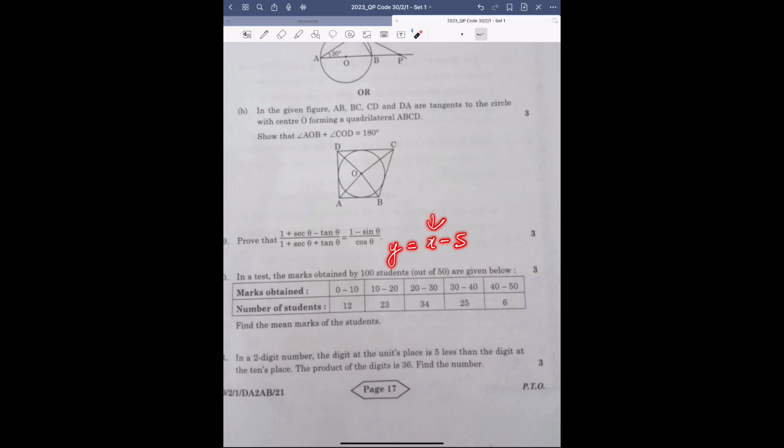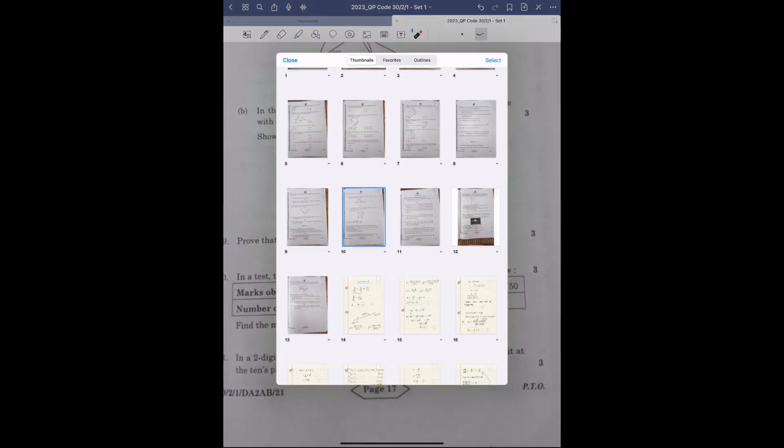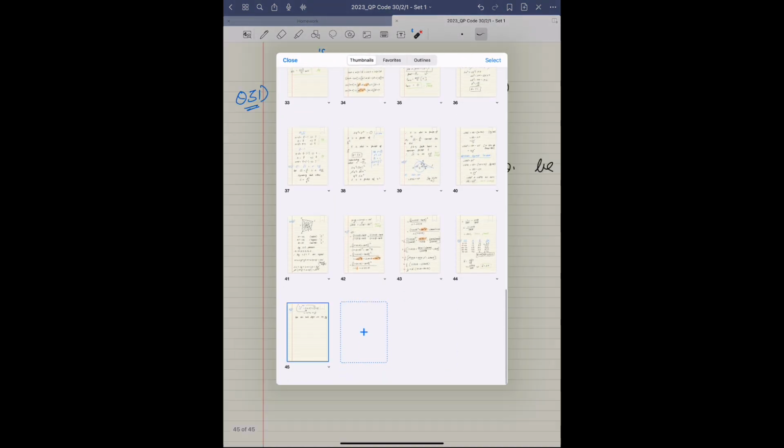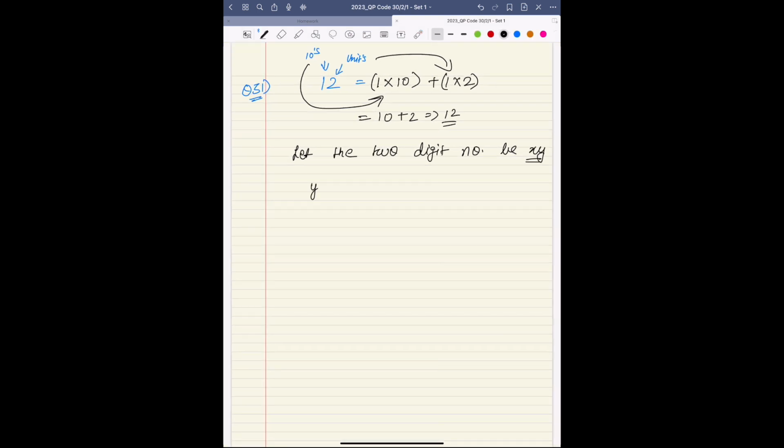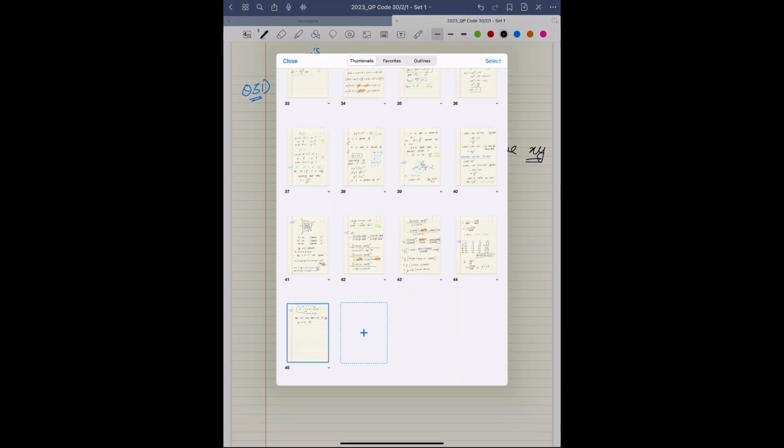This is what it means. 5 less means it's less than 5, right? So one equation you get is y is equals to x minus 5. This is equation 1. Okay, now going back to the question.